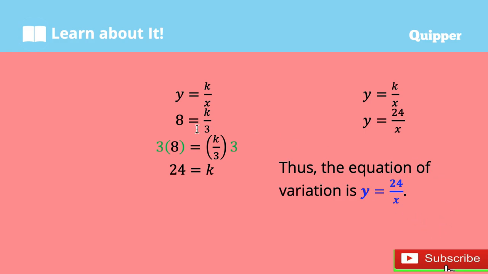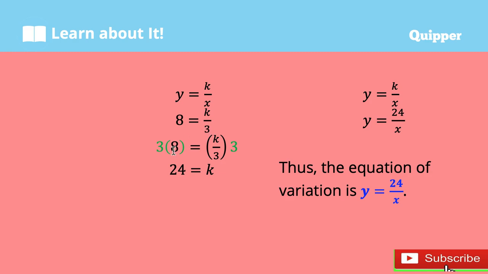So the translation here is y is equal to k over x. And we are going to substitute the values of x and y to solve for k. Our y is 8 and x is 3 as given.